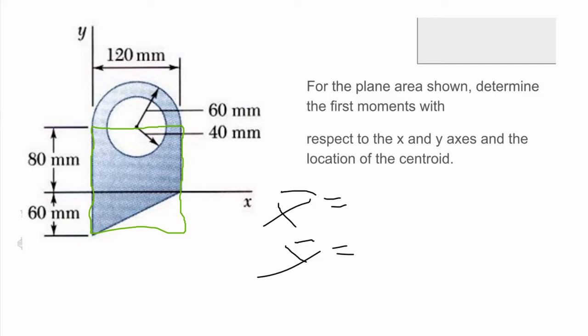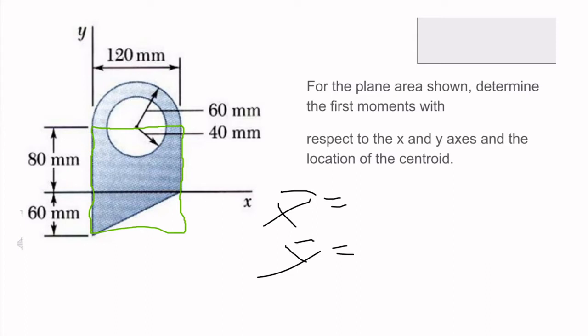I could have done this rectangle here. I also could have done this rectangle here and not included the triangle, this portion here. But either way, it'll work out in the end. So we'll start with that rectangle.